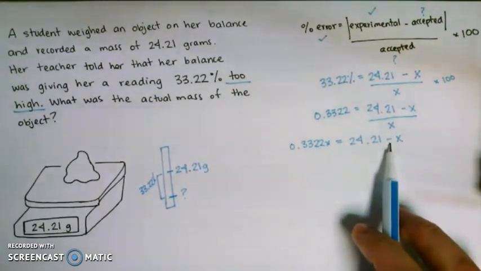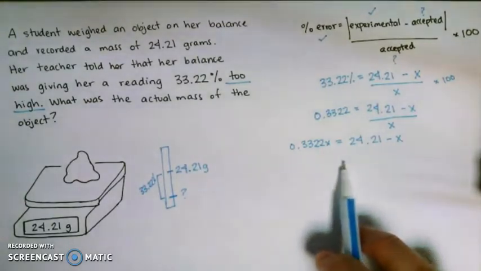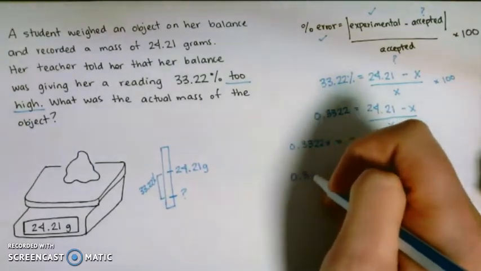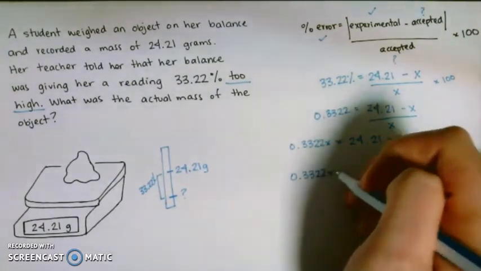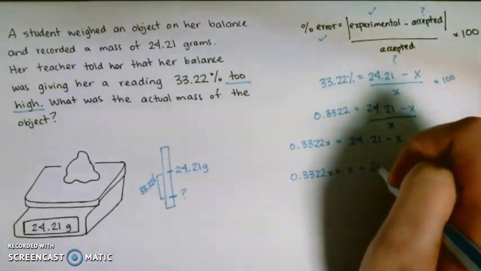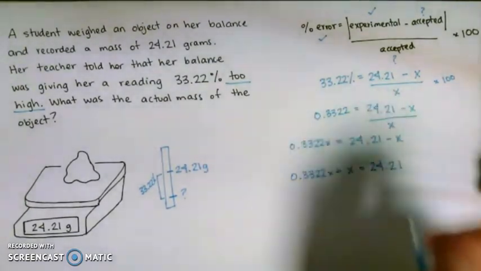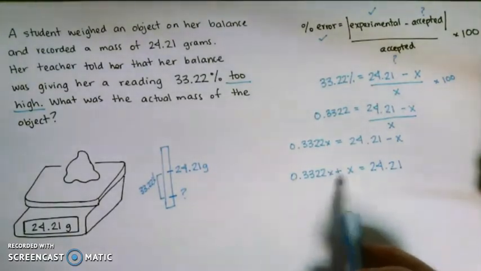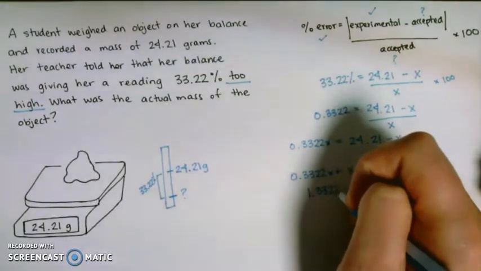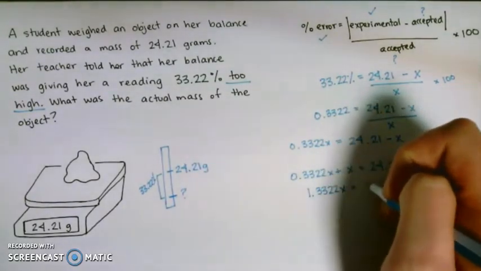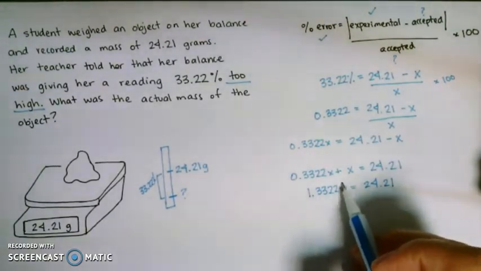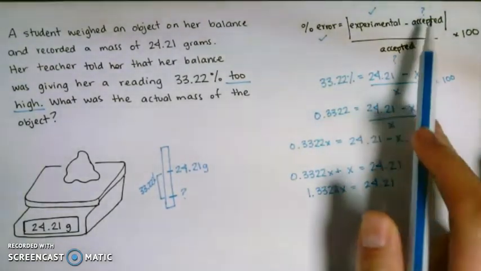So in this case, if it's subtracting, I'm going to bring it to this side, adding. 0.3322x plus x equals 24.21. Now I put these two together, and I'm going to have 1.3322x equals 24.21.